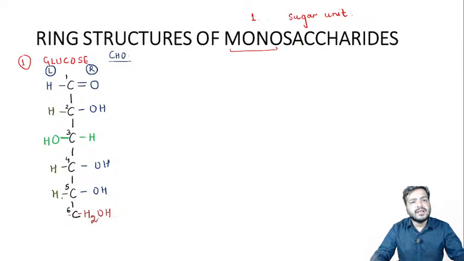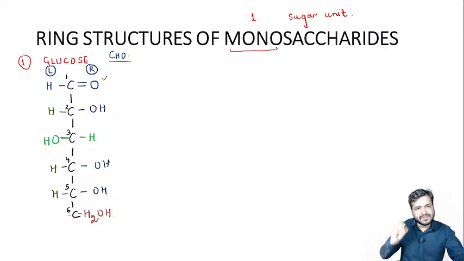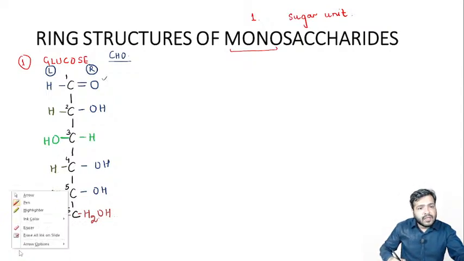So this is a simple structure of glucose, where at the first carbon the aldehyde group is there, whereas the OH group is on the right side and the H is on the left side. The only exception is at the third carbon, where the H is on the right side and the OH is on the left side.